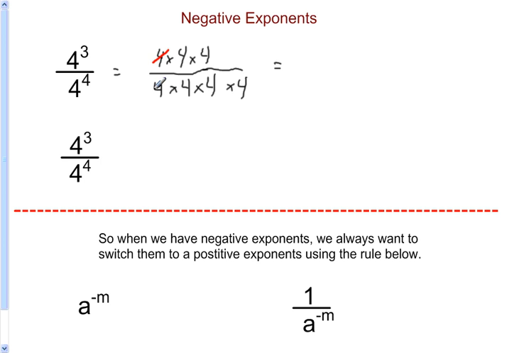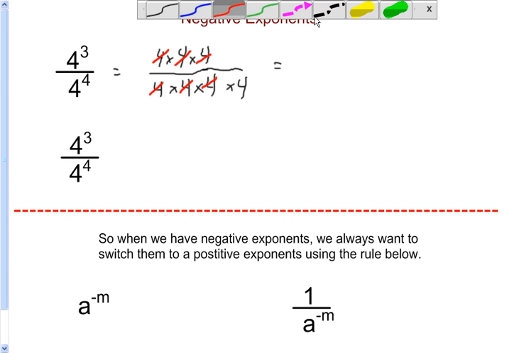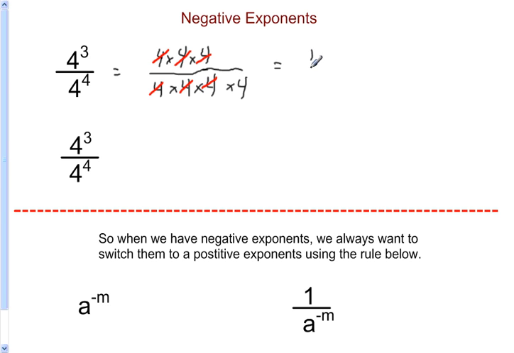So 4 is common, 4 is common, 4 is common. What we have left is a 1 on the top and a 4 on the bottom. So 4 to the 3 divided by 4 to the 4 is 1/4.